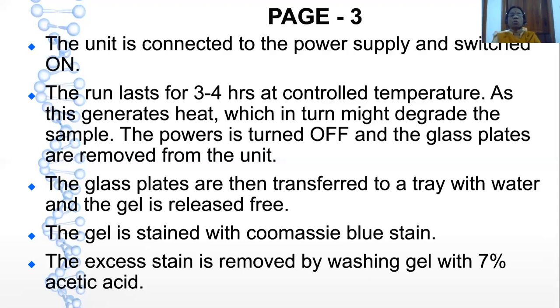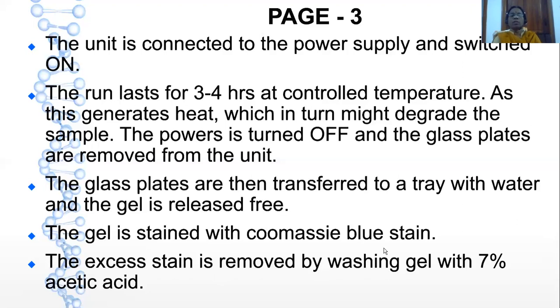Now we can replace the water with our stain, which is prepared from Coomassie blue with the help of methanol, acetic acid and water. Dissolve it and then allow the gel to remain in the stain for half an hour to 1 hour.